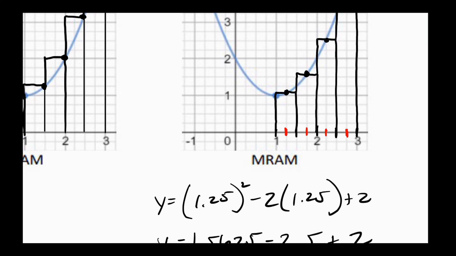The second one is the same thing, but at 1.75, right? This is 1/2, 1, 1.25, 1.5, 1.75. So at 1.75, I need to find the y value.